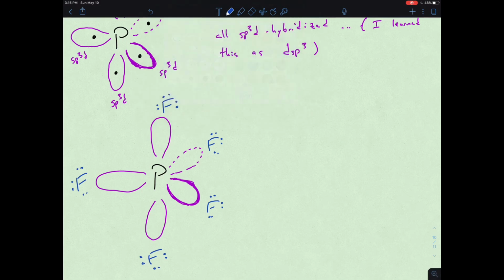And so now we have the 2 electron motif. We have the 5 in the dsp3 or sp3d hybridized orbitals, and now the fluorine is contributing its electron as well to actually then make the actual bonds to the phosphorus.